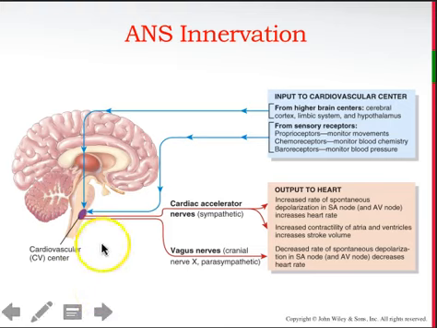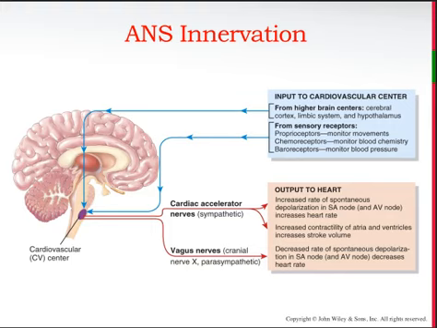Remember here, our cardiovascular center is in the medulla oblongata. It's going to have some cell bodies of neurons that make up what's called the cardioacceleratory center. They're going to have sensory information coming in from baroreceptors in the carotid body and the aortic arch, relaying information about blood pressure and blood flow to that cardioacceleratory center.